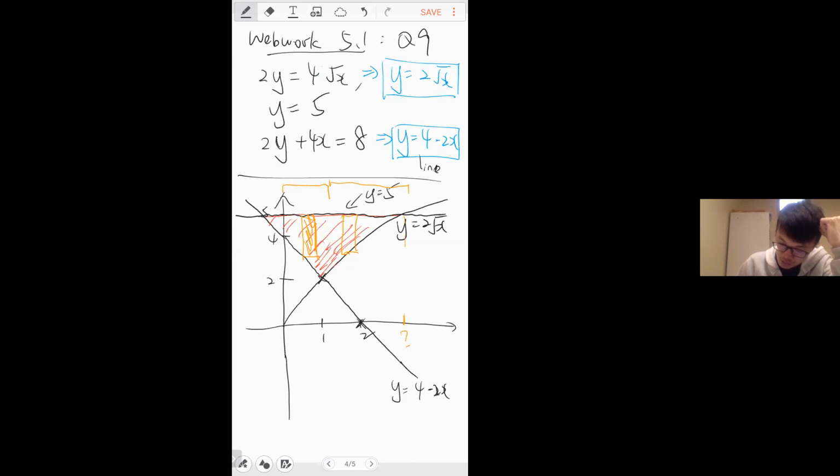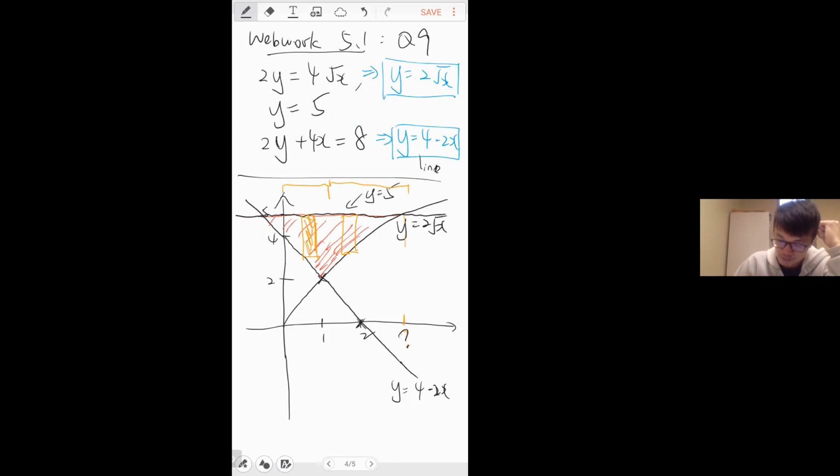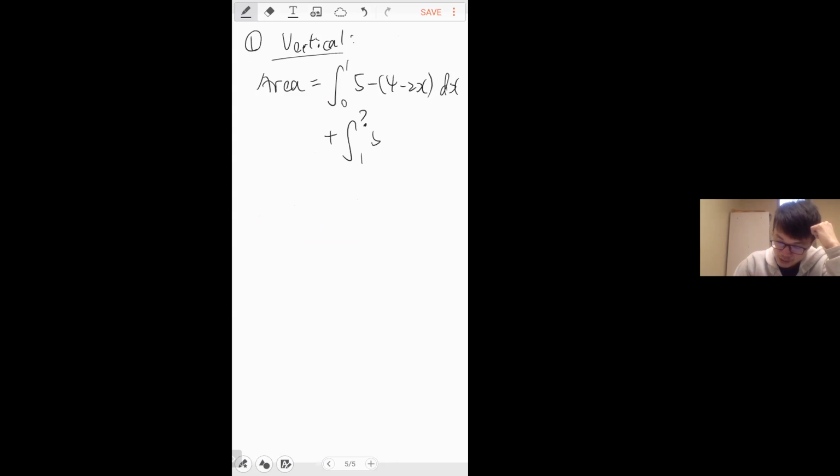And from 0 to 1, you would do y equals 5 minus 4 minus 2x, because that's your top and bottom function. Plus from 1 to, I don't know what that is. That's something you need to figure out. That's this point. You're going to do 5 minus a different function, which is 2 times root x. Make sense?